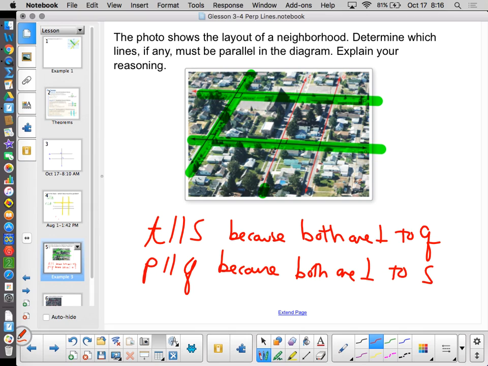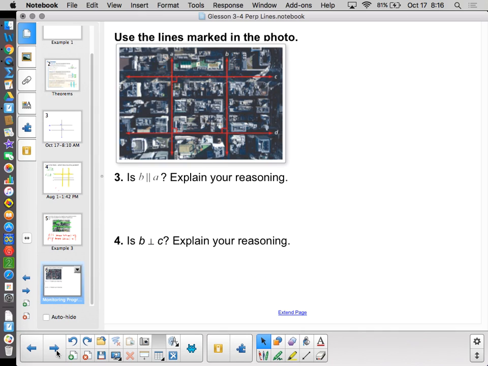Okay, I got T and S, I got P and Q. I don't know anything about U. U Street might be no good at all. Some weird angle. The city engineers did a poor job.